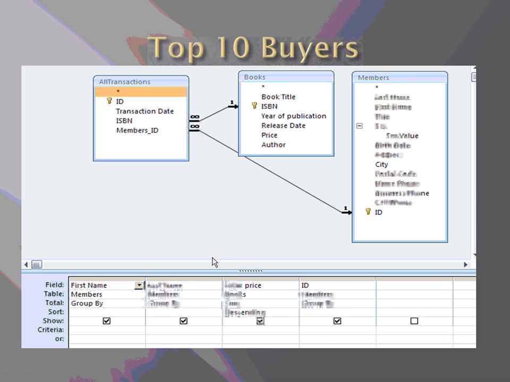Top 10 buyers. What do we see? For all transactions, we are considering the books and also considering the members. Those transactions will be grouped by the members, and for each member we'll sum the price, but the price has to be associated with the transactions for that member, and then we will order them in descending order.